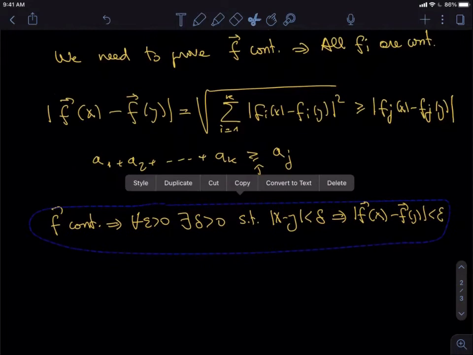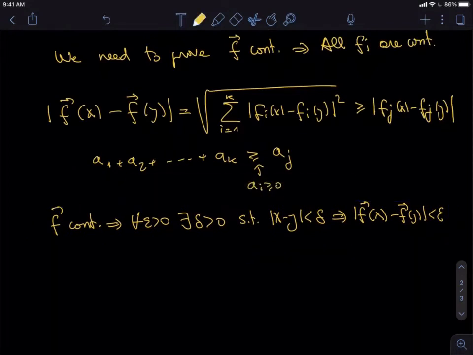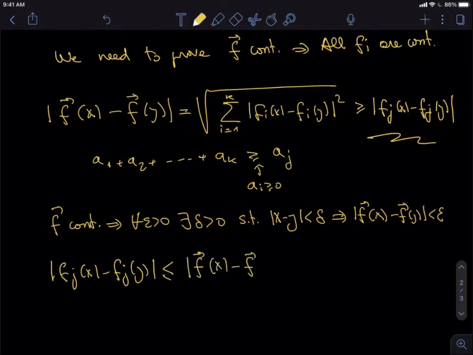Because |f_j(x) minus f_j(y)| is less than or equal to the norm of vector f(x) minus vector f(y), and this we just said is less than epsilon.